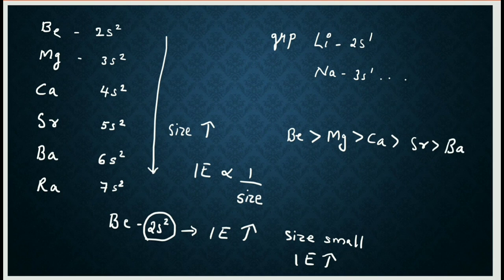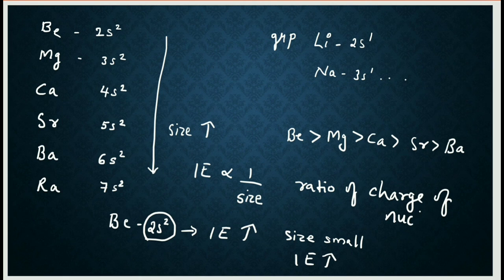And what about the second ionization enthalpy? The first ionization enthalpy means removing the first electron from the outermost shell. Once one electron has been removed, the ratio of the charge of the nucleus to the orbit will be greater.